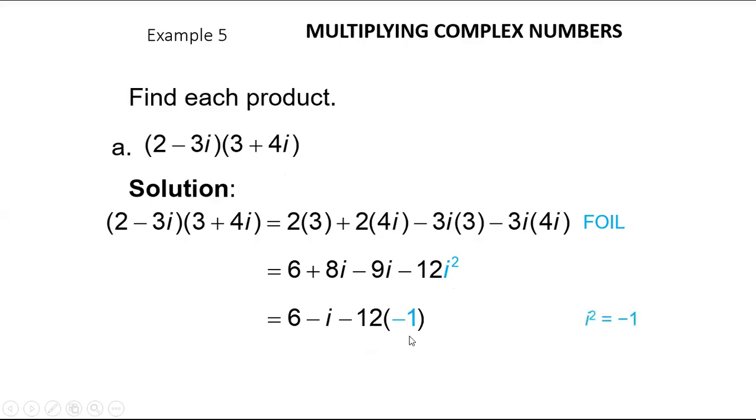Arrange both the real values 6 and plus 12 together, and 6 plus 12 becomes 18. The imaginary values are subtracted from each other, and we get minus iota, and it looks like this.